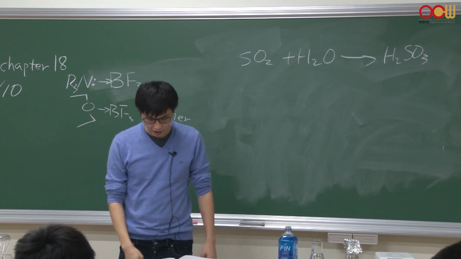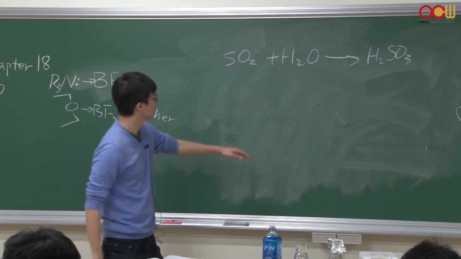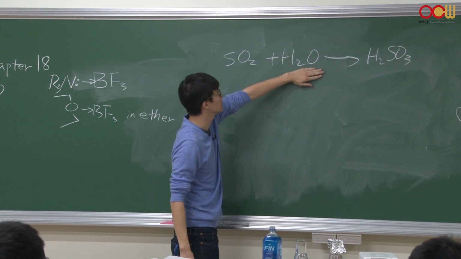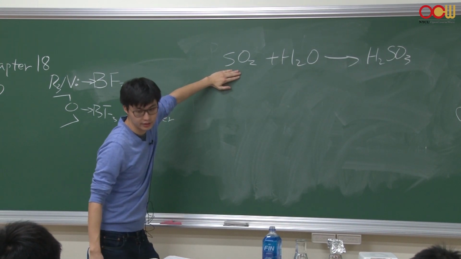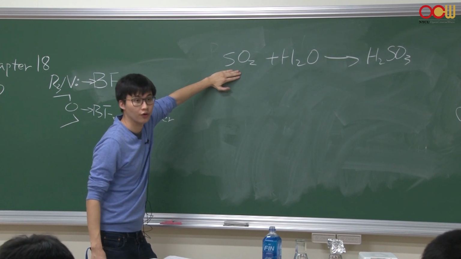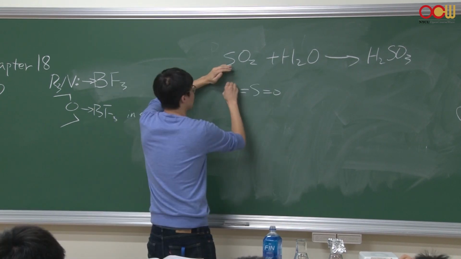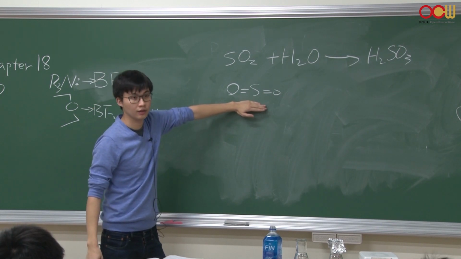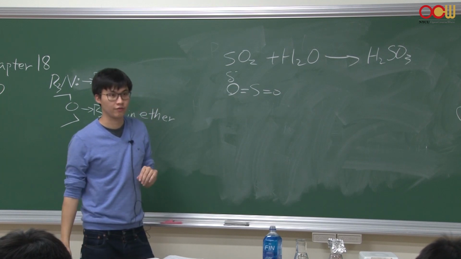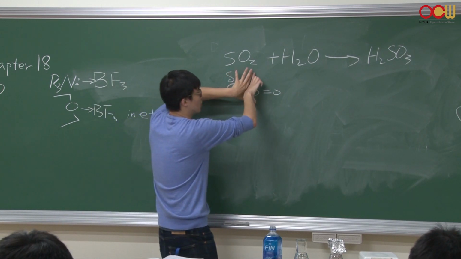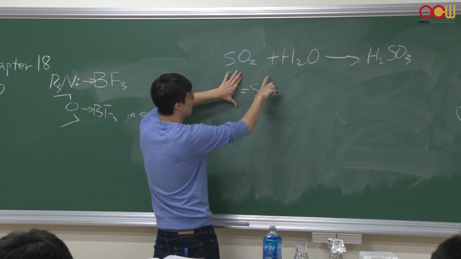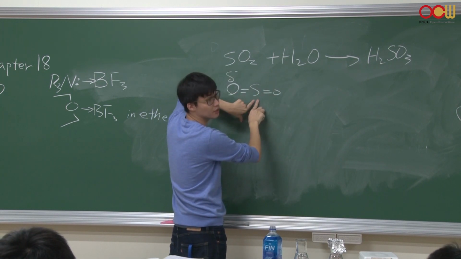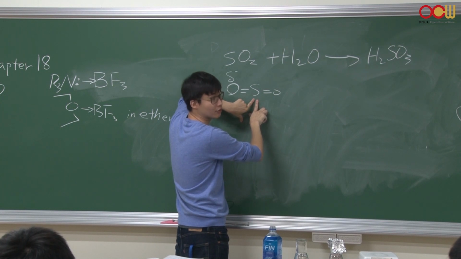If you look at how the reaction happened, the lone pair of the oxygen atom in water attacks this electron-deficient sulfur. Why is it electron deficient? Because if we look at the electronegativity of each atom, oxygen is more electronegative, so even in their bonding, most of the electrons are on the oxygen. That makes this spot more electron deficient.